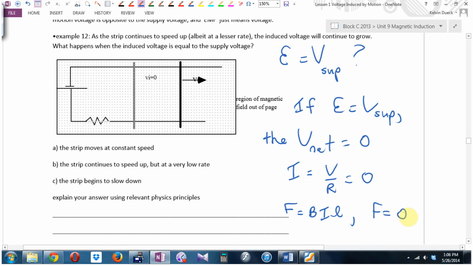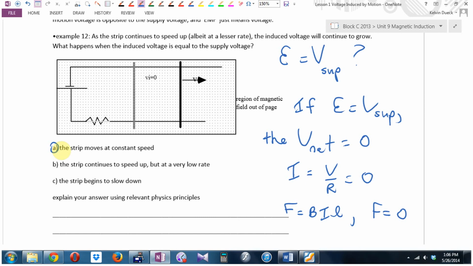If there's no friction, it'll move at a constant speed. If there's friction, it'll start to slow down. But as soon as it starts to slow down, even a tiny bit, now you've got a tiny bit of extra source voltage, because now they don't quite balance. The EMF is a little bit smaller than the source voltage. You'll have a tiny bit of current, tiny bit of force. Okay, it'll go at a constant speed, in theory.